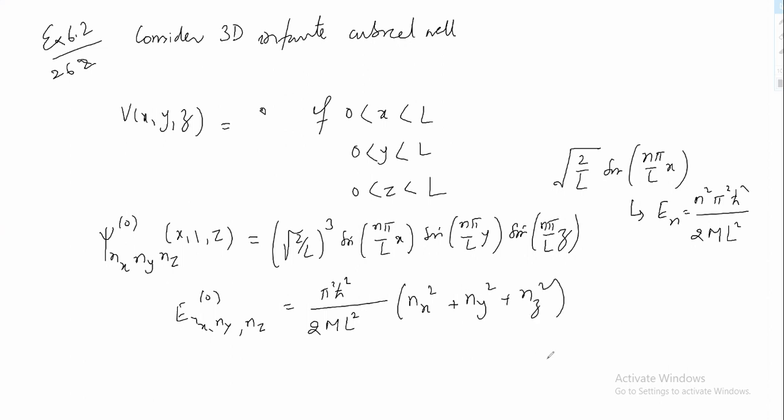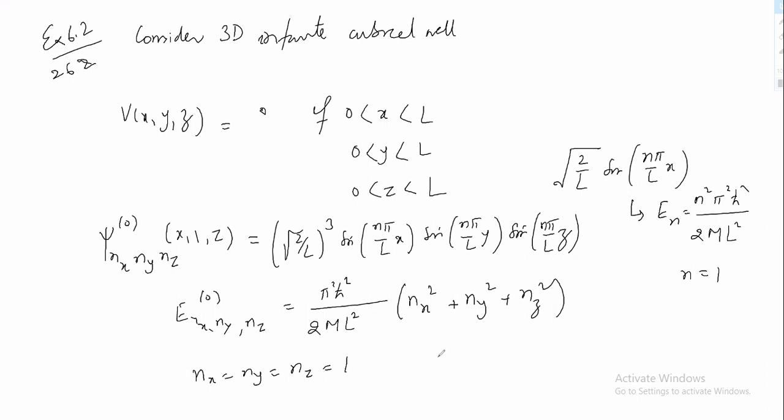Now if I ask you the question, what will be the ground state? Here n was equal to 1 for the ground state. Here all nx equal to ny equal to nz will be equal to 1.